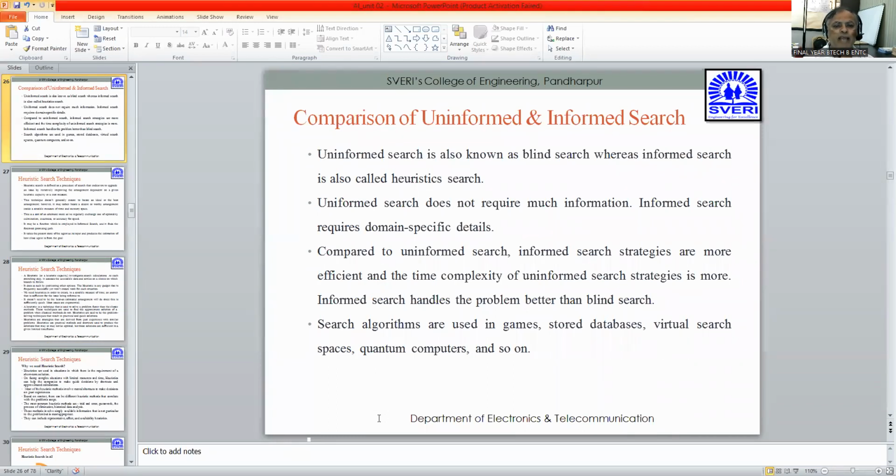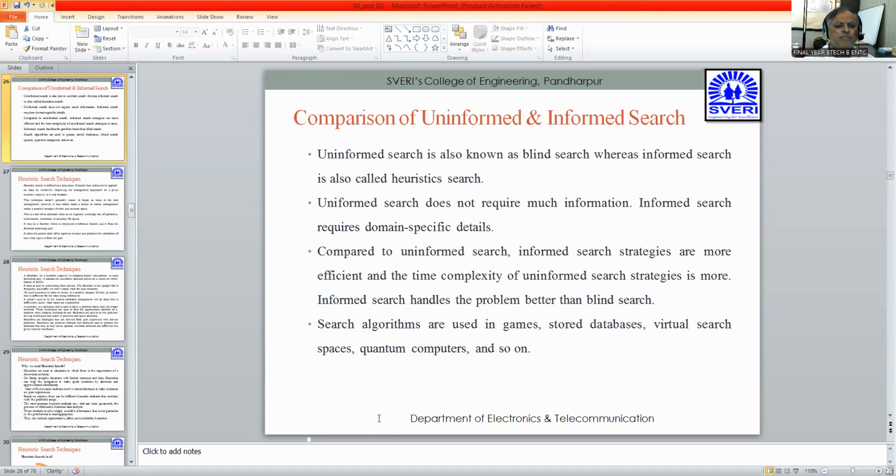First is the blind search algorithm. It is also called a brute force algorithm, and informed search is a heuristic search. Uninformed search does not require much information as it is not knowledge domain, but informed search is a completely knowledge domain kind of technique.